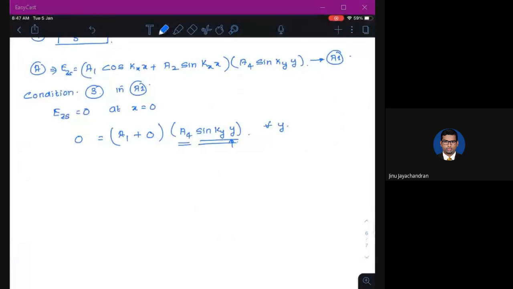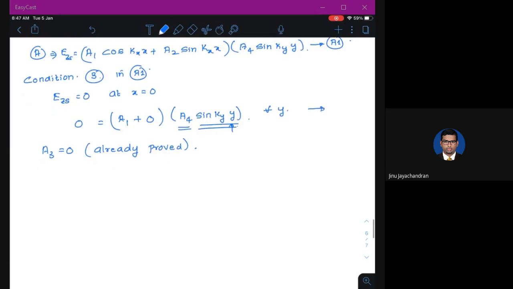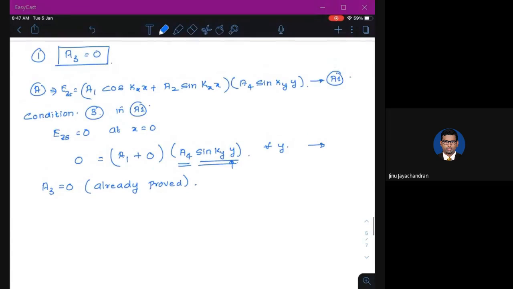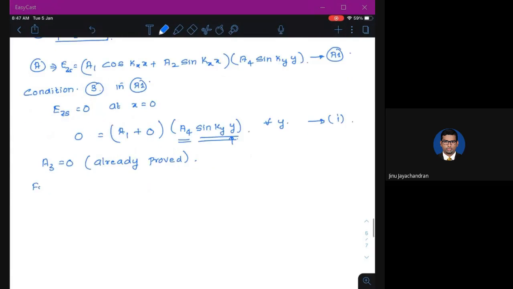Okay, so let me write that argument. So A3 is equal to 0. This is already proved. Let me mark this as equation number 1.